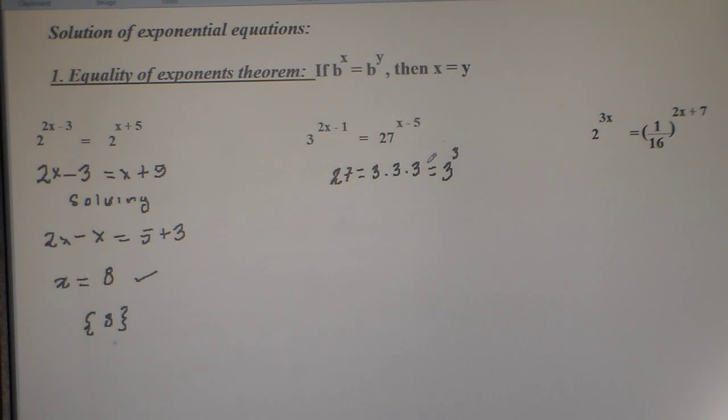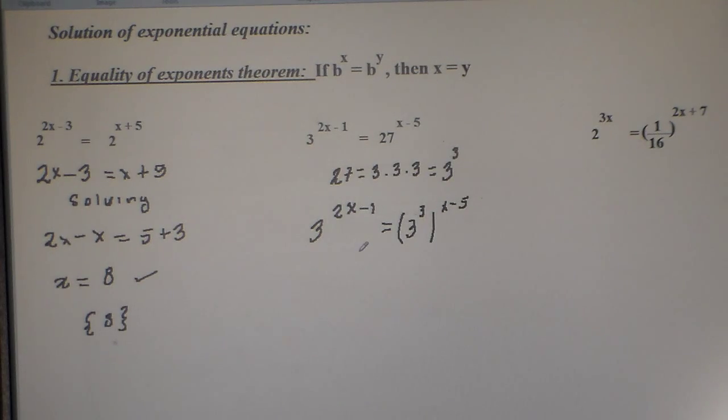I'm going to substitute then the 27 by 3 to the third power, and I get 3 to the power of 2x minus 1 equals 3 to the third power, to the power of x minus 5.